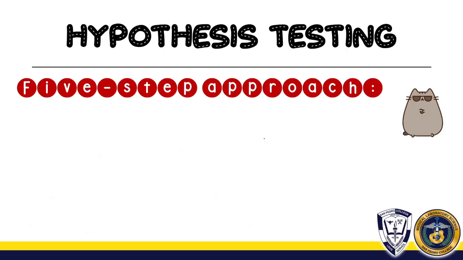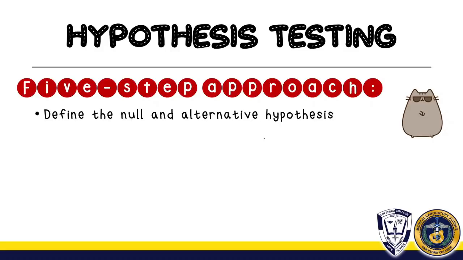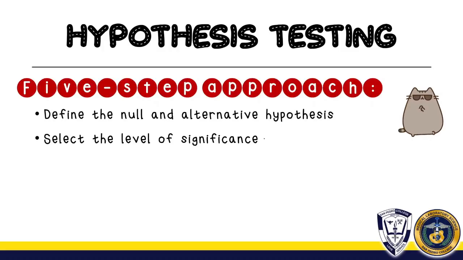So, when we say hypothesis testing, kasi nga 'di ba, parametric and non-parametric tests are hypothesis testing. We are trying to test if our hypothesis or our claim is correct. Hypothesis testing will always involve this five-step approach. First, we need to define the null and alternative hypothesis. Second, we need to select the level of significance.